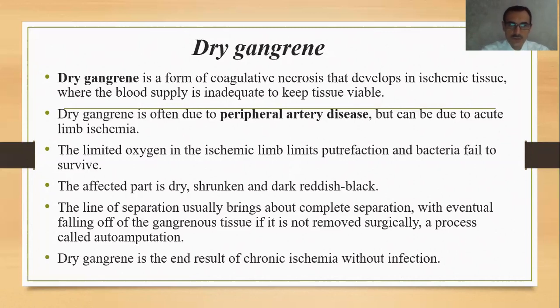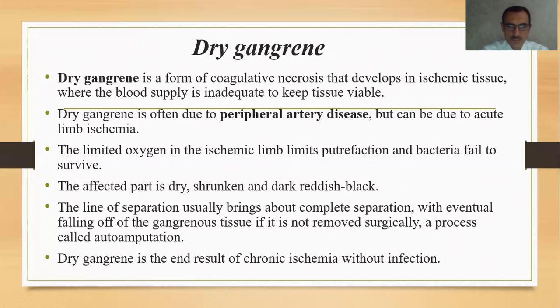Dry gangrene is often due to peripheral artery disease, but can be due to acute limb ischemia. The limited oxygen in the ischemic limb prevents putrefaction, and bacteria fail to survive. The affected part is dry, shrunken, and dark reddish black.